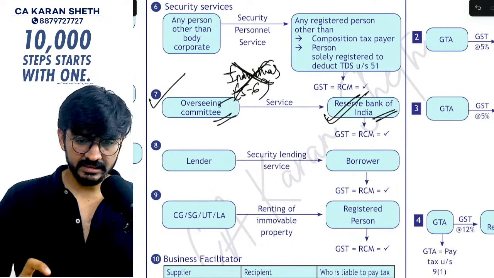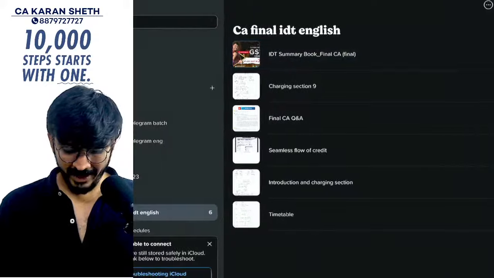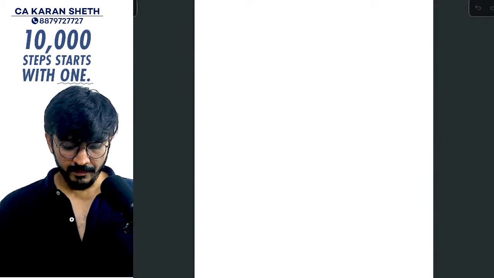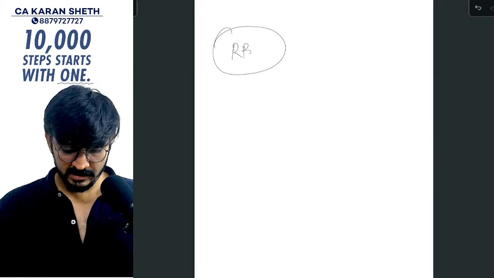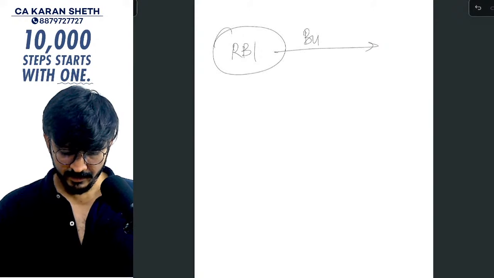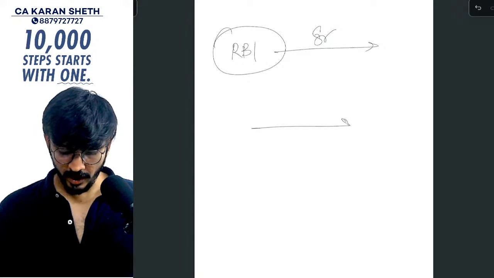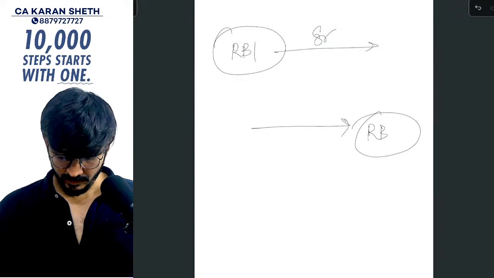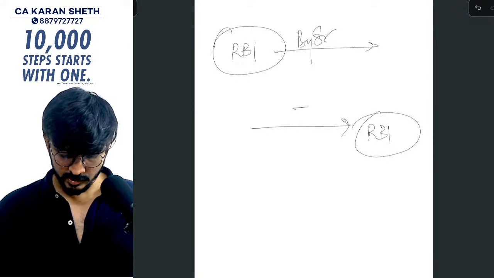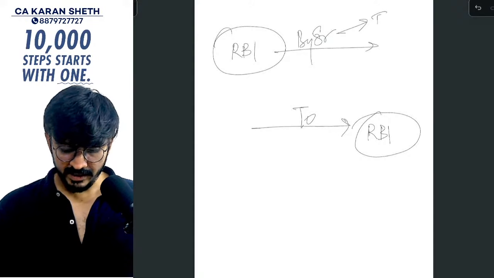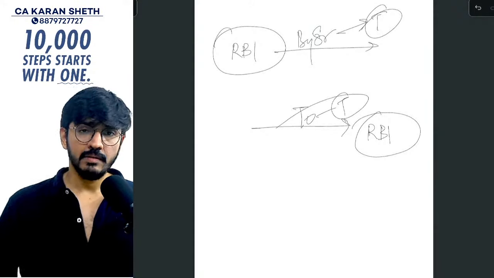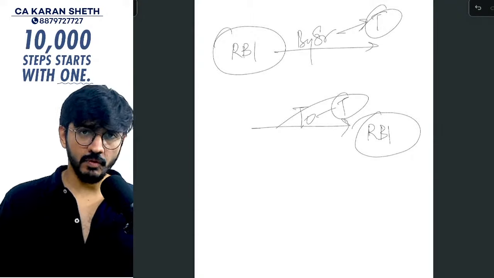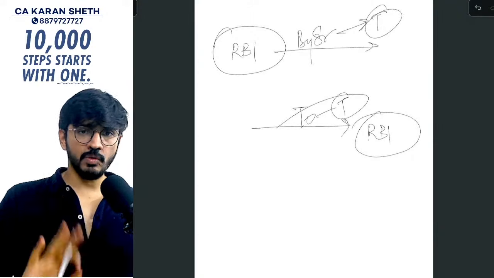Got it? Okay. Also I would like to add that when it comes to RBI, services provided by RBI and services provided to RBI, both are, by the way, taxable. And it is FCM; there is no RCM in this.